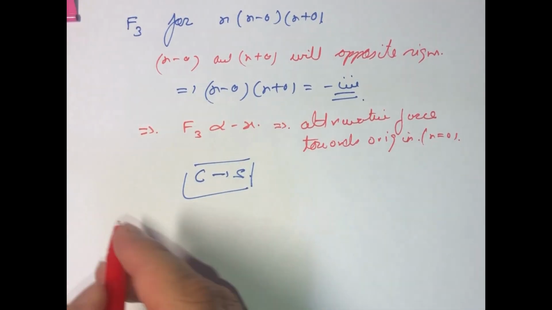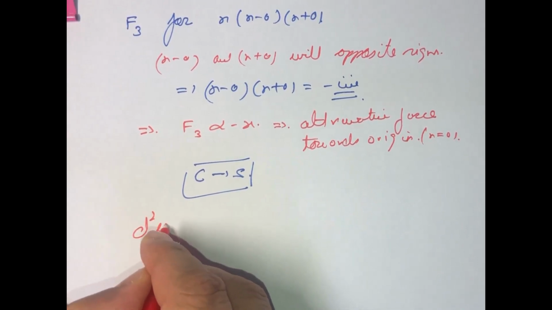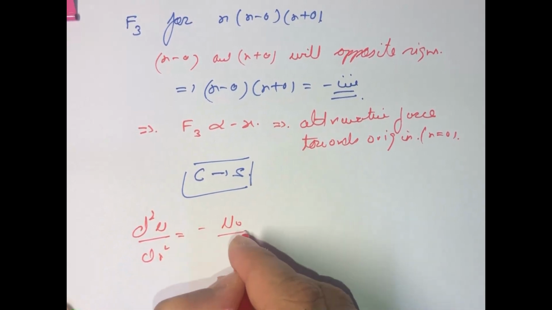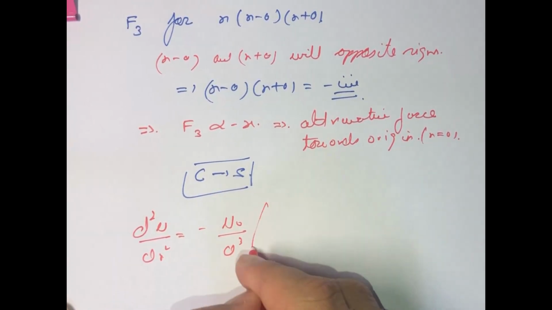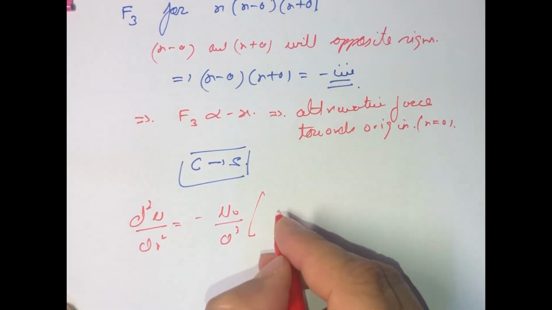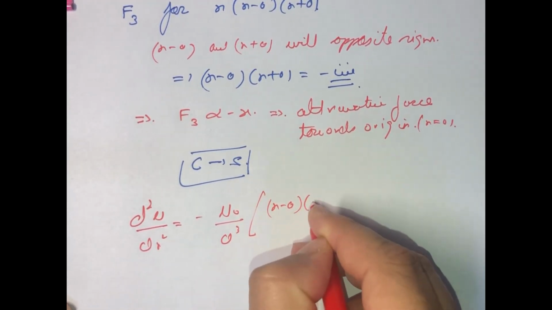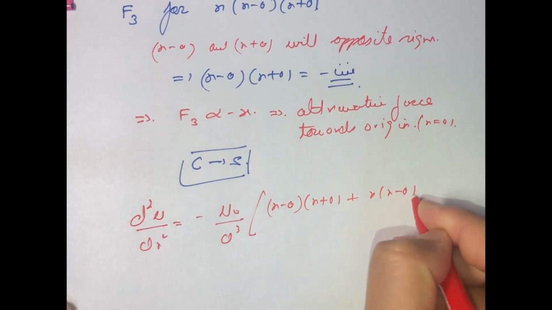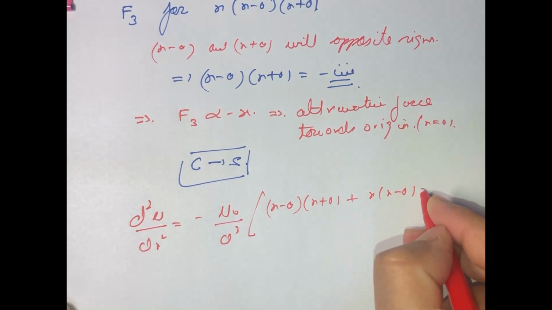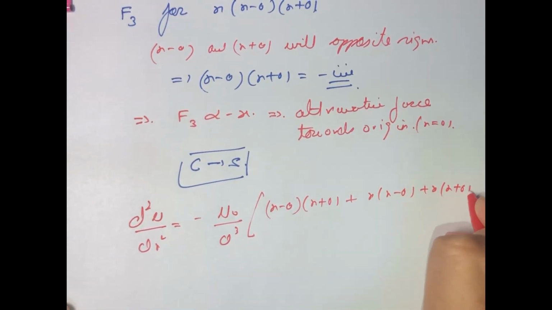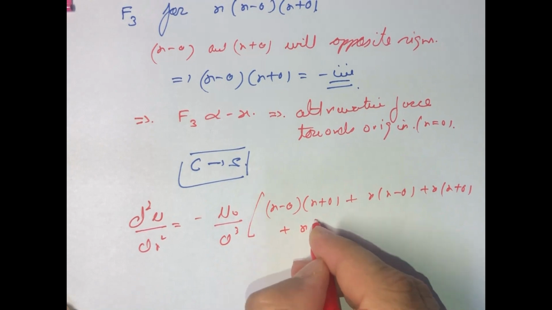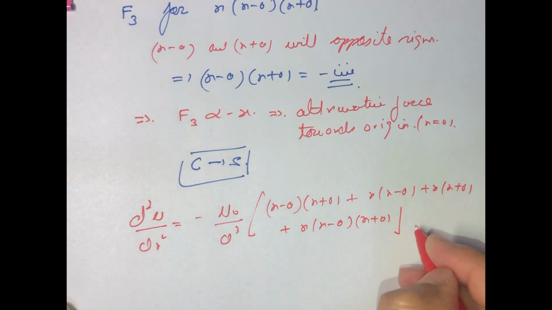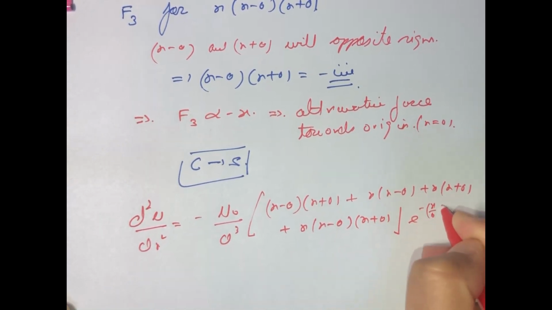You can say d2U upon dx square is equal to minus u naught upon a cube, and we have this is x minus a into x plus a plus x minus a, and this will be plus x plus a, and this will be plus x of x minus a, x plus a, and multiply by e raised to power minus this whole square.